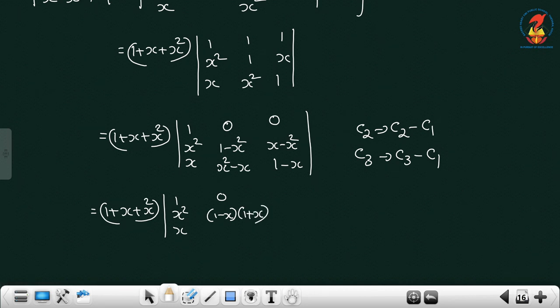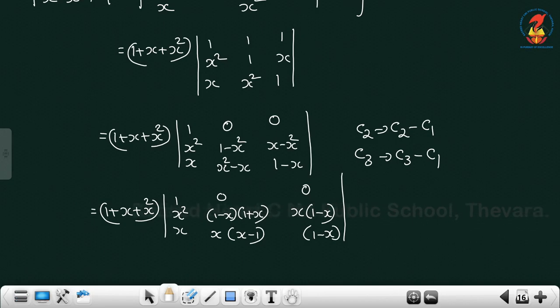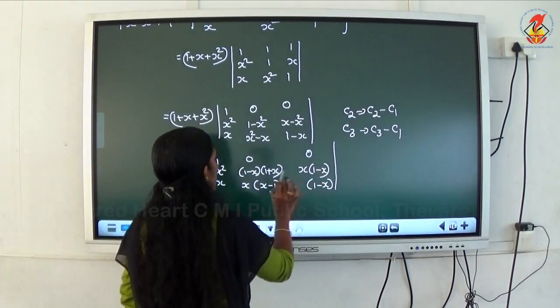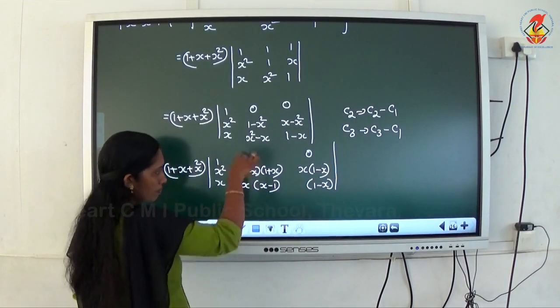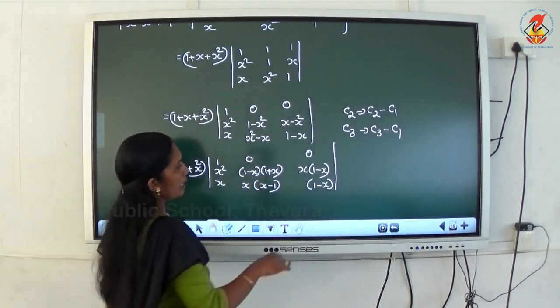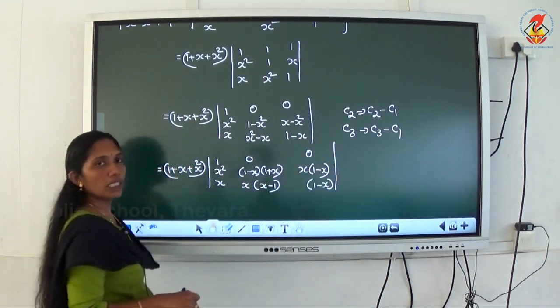Then when we take x outside, x minus x² becomes x into (1 minus x). So we can take 1 minus x from the second column outside, and 1 minus x from the third column also.